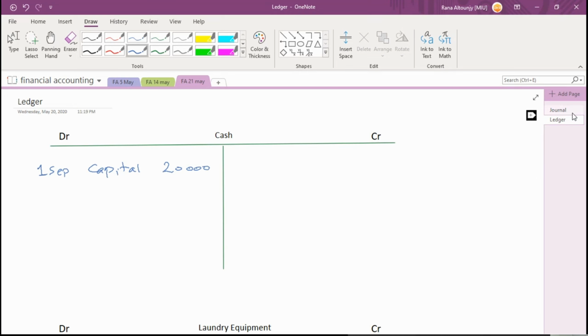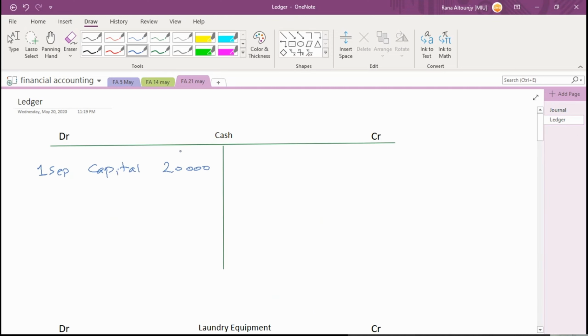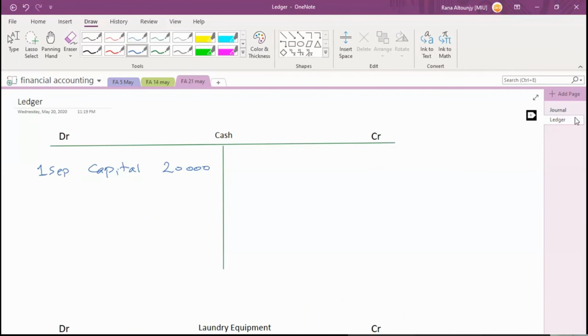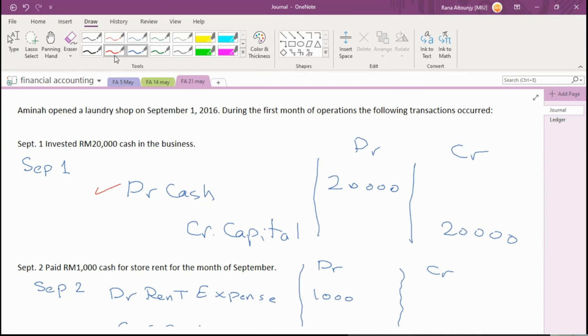Like this, we transfer this side of the transaction, which is debit cash 20,000, to the debit side of the cash account, and we write the other side of the transaction, which is the capital. Okay? Then let's continue the transaction. We need to transfer the credit capital 20,000. This one.